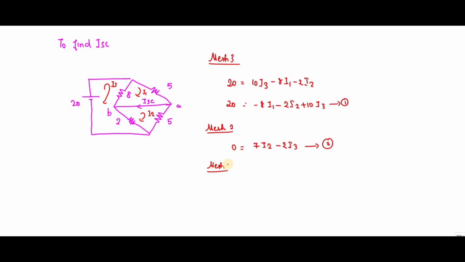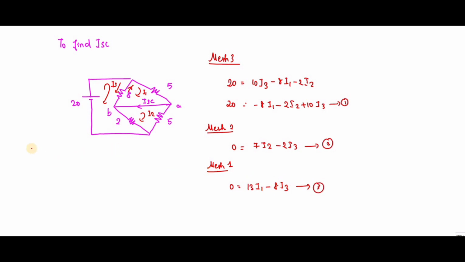For mesh 1, it is 0. Total resistance is 13 I1 minus 0 plus minus 8 I3, because I1 direction and I3 direction are in opposite direction.